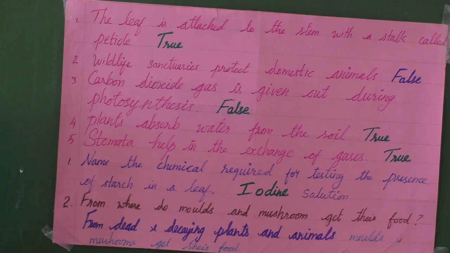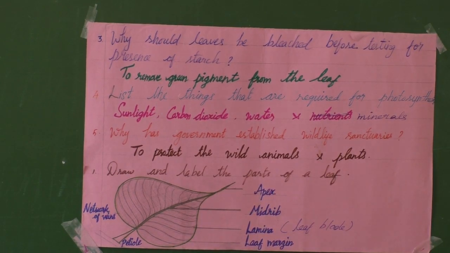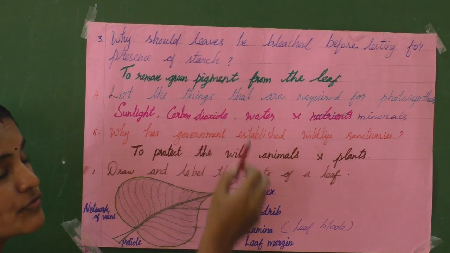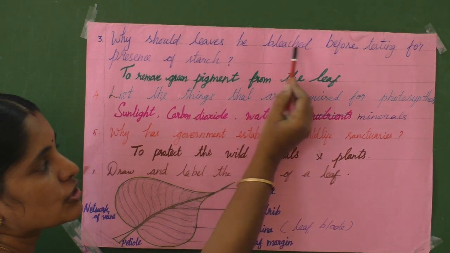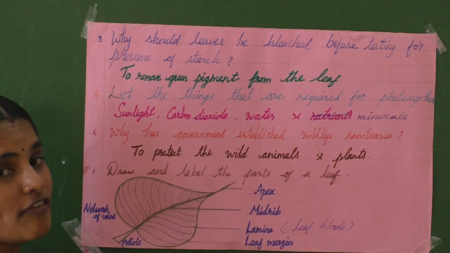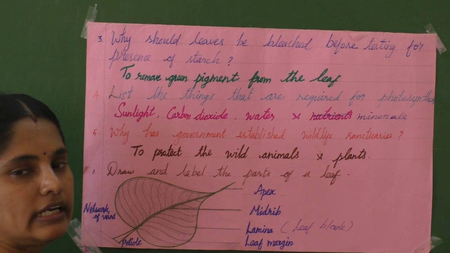Then what's our third question? Why should leaves be bleached before testing for presence of starch? Why should we bleach the leaf?